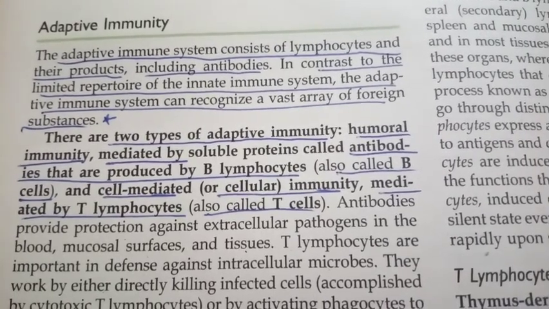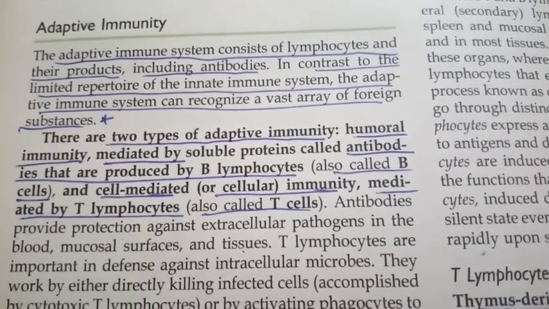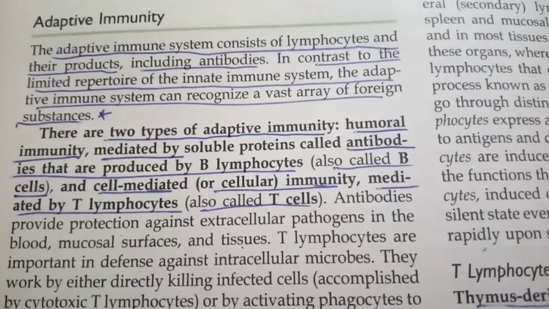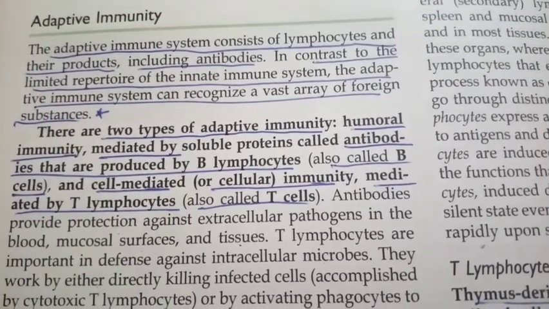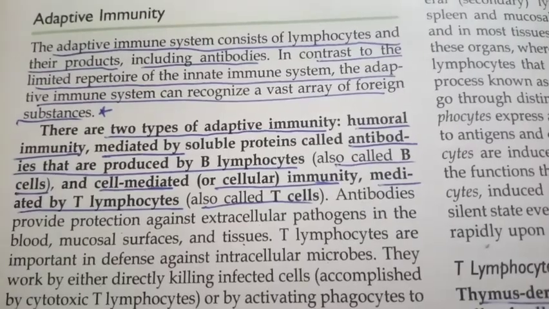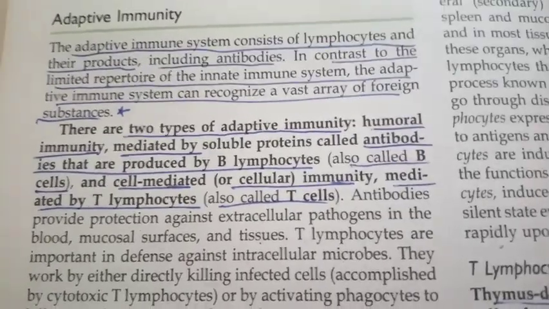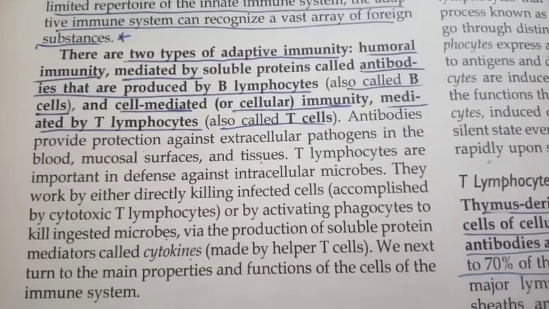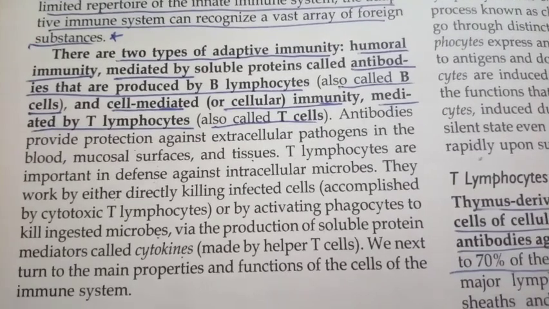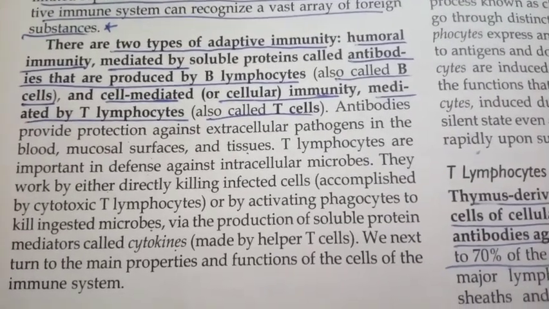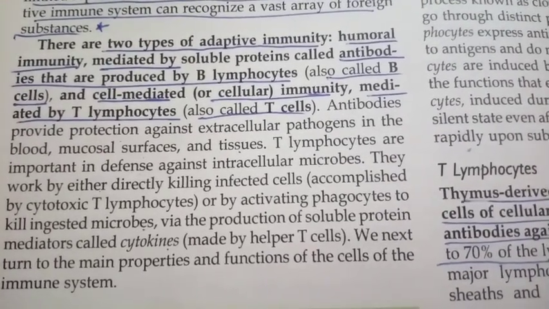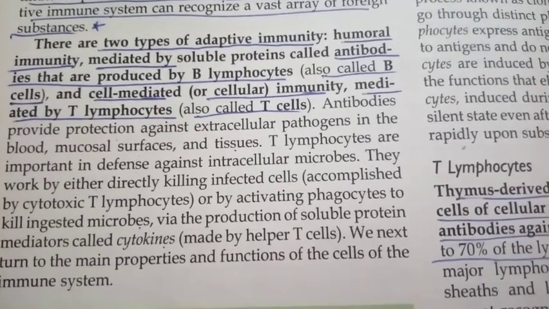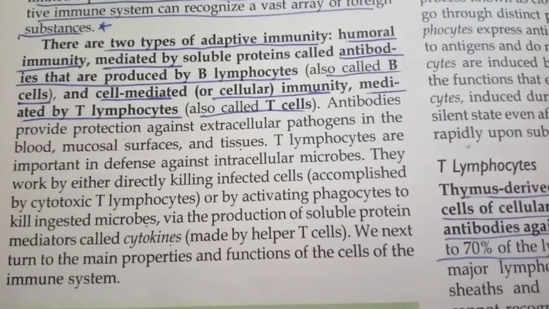In contrast to the limited repertoire of the innate immune system, the adaptive immune system can recognize a vast array of foreign substances. There are two types of adaptive immunity: humoral immunity, mediated by soluble proteins called antibodies that are produced by B lymphocytes, and cellular immunity, mediated by T lymphocytes.